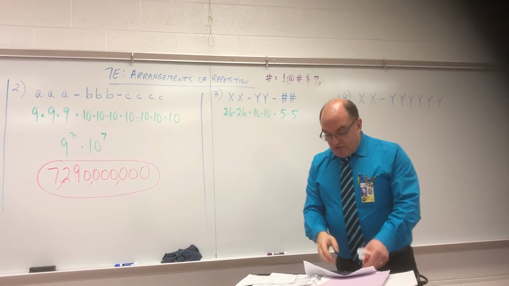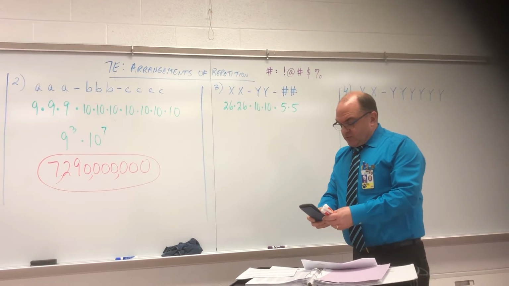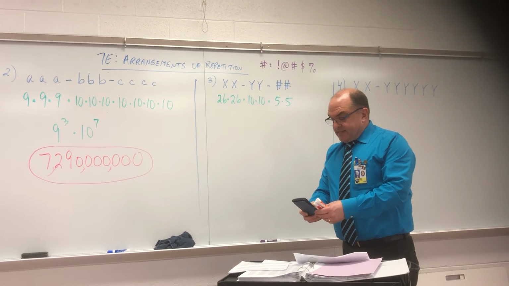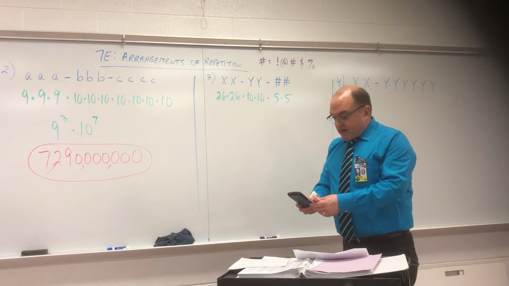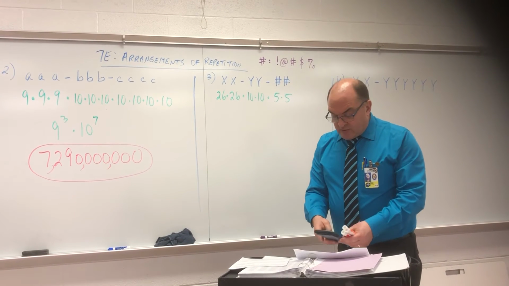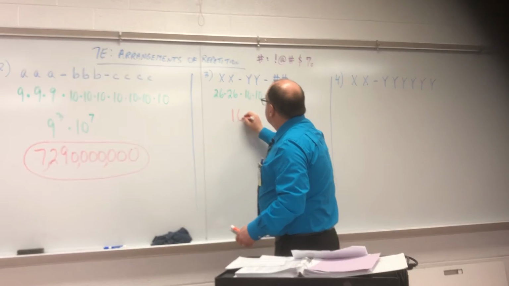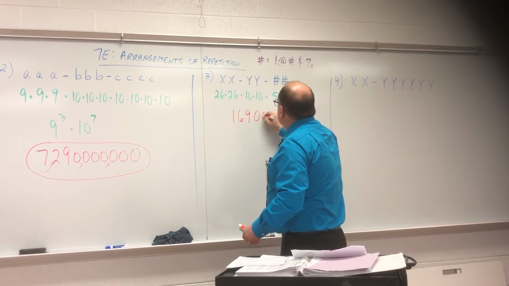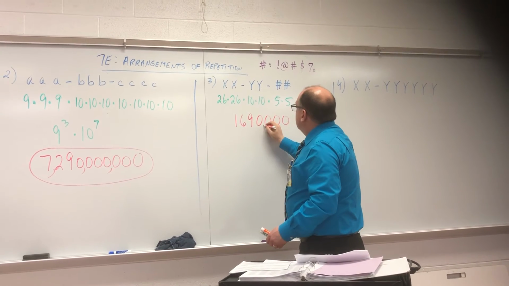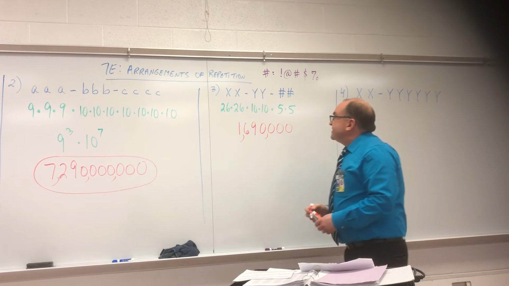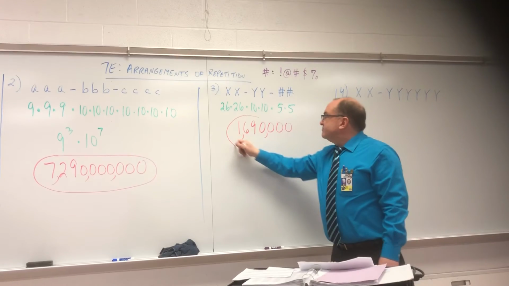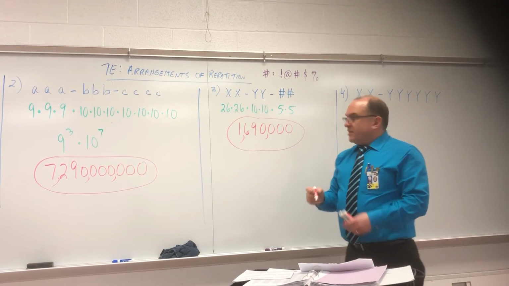So you're going to do 26 times 26 times 10 times 10 times 5 times 5 equals 169 with 4 zeros, or 1,690,000.